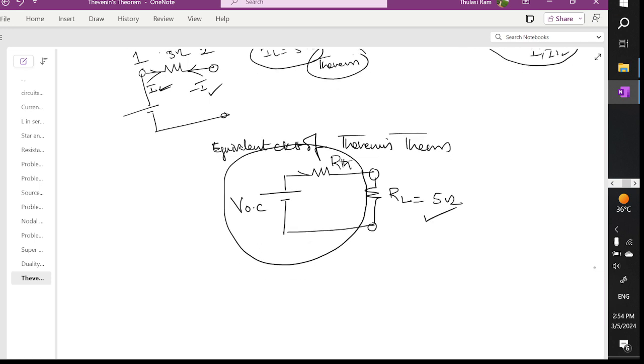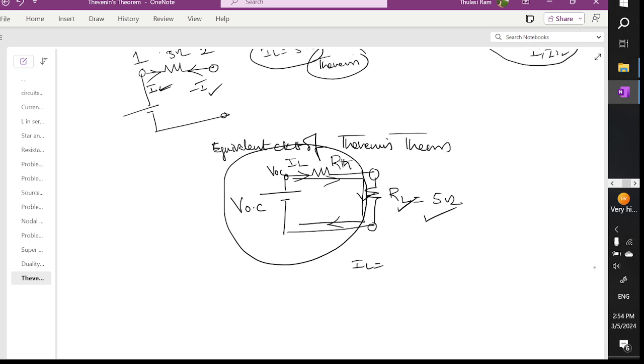So I can find the current IL, where IL is called the load current and RL is the load resistance. The voltage at this point is VOC. Therefore, current flows across R Thevenin and across RL like this.